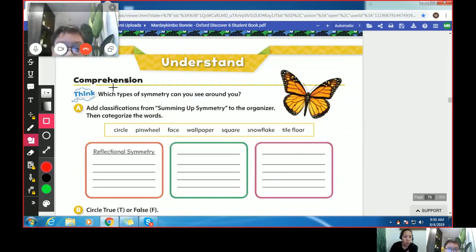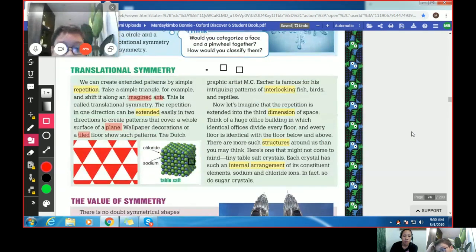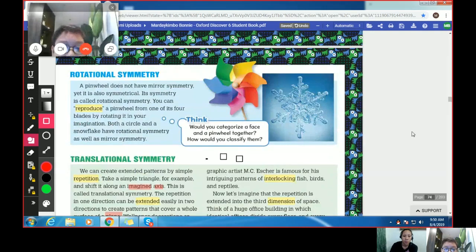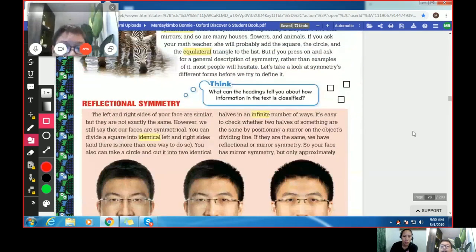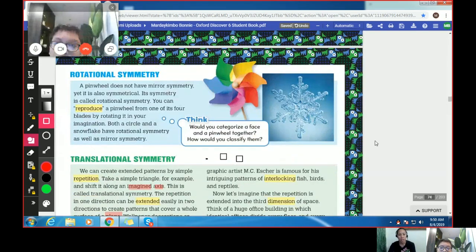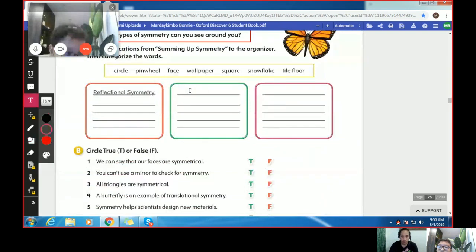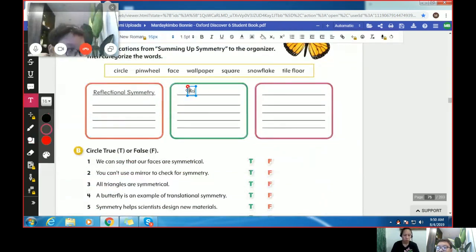Which types of symmetry can you see around you? Your house. What do you see? The bed. So what's with the beds? What kind of symmetry is it? Pillow. So what form?